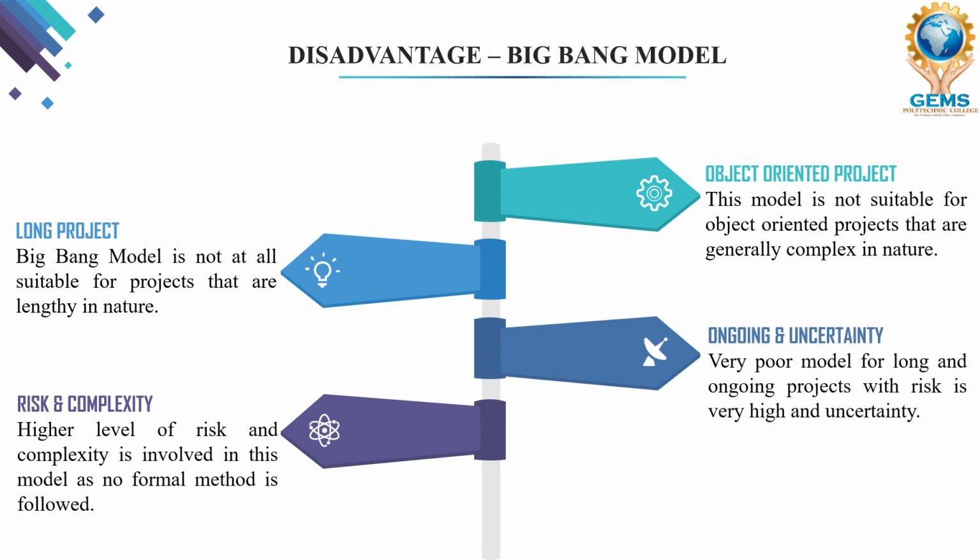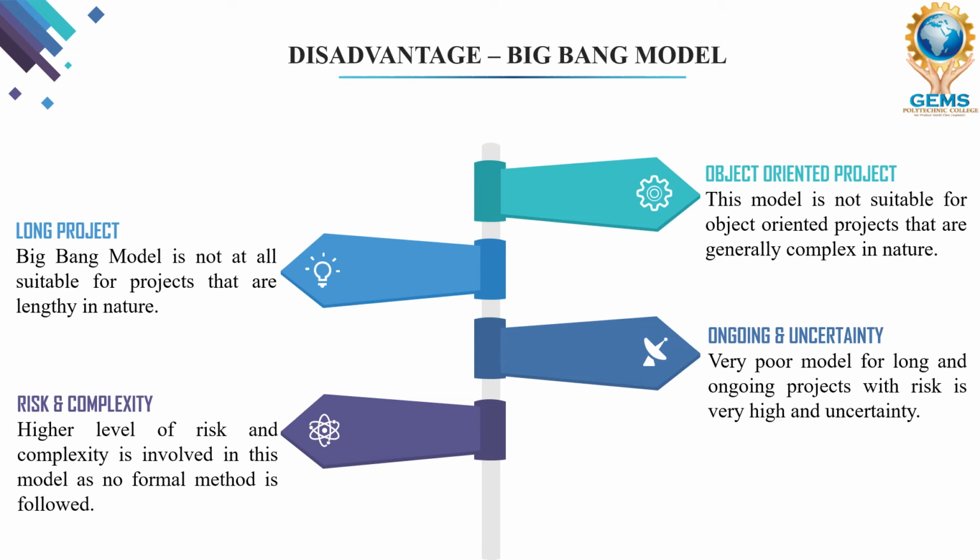Now at last we have ongoing uncertainty. So ongoing uncertainty, that means this model is not suitable for long projects or ongoing projects, because long projects or ongoing projects have risk and uncertainty, right?